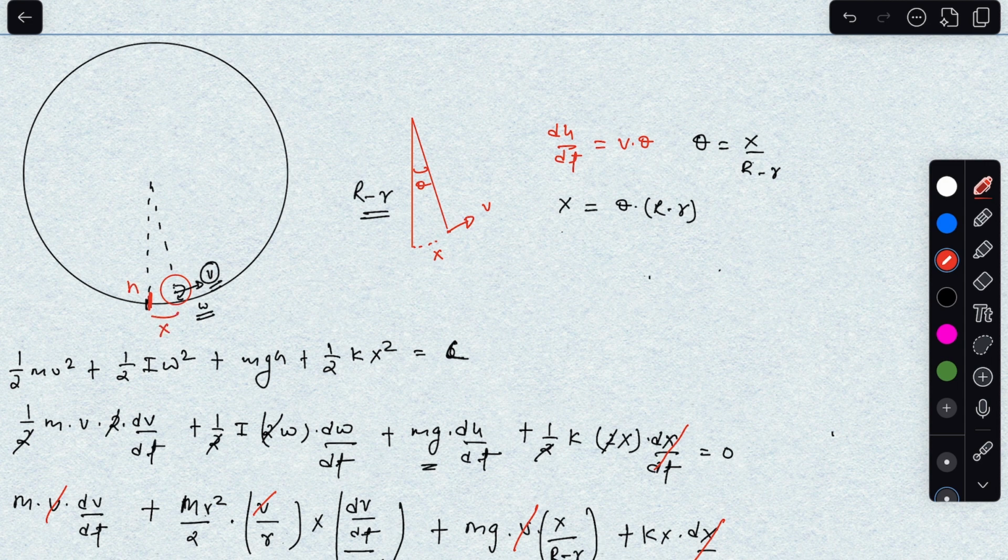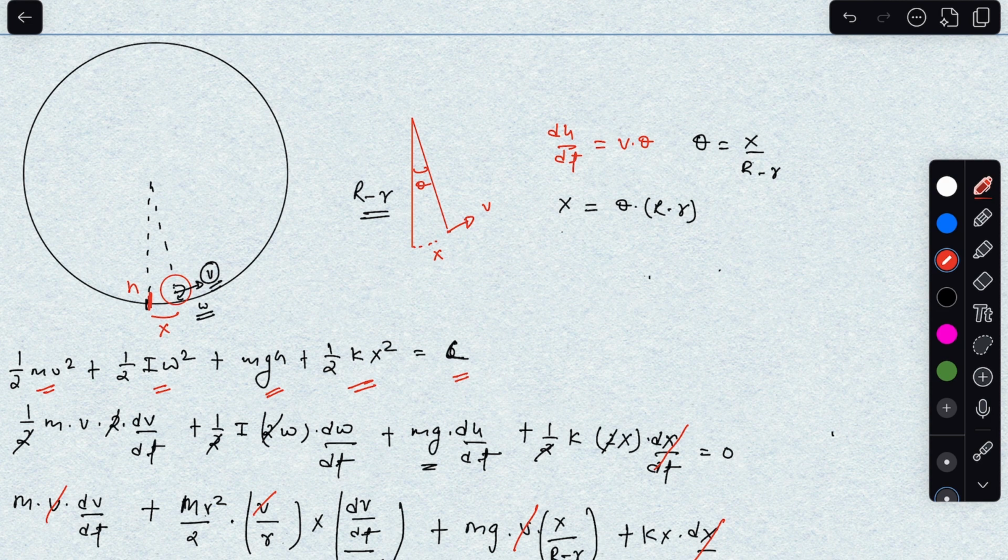Because it is SHM, and in SHM the total energy is conserved, I can say that half mv square plus half I omega square, which is the total rotational plus translational kinetic energy, plus the potential energy mgh plus half kx square equals a constant. This is the energy method for calculating omega for any SHM.